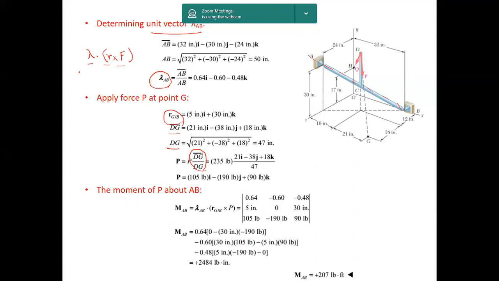And then for this triple product, we can write this determinant and calculate the moment. Is that clear? Any questions? No questions. Okay.